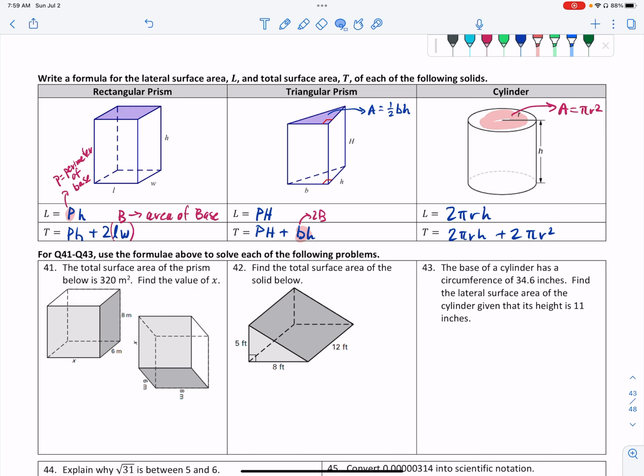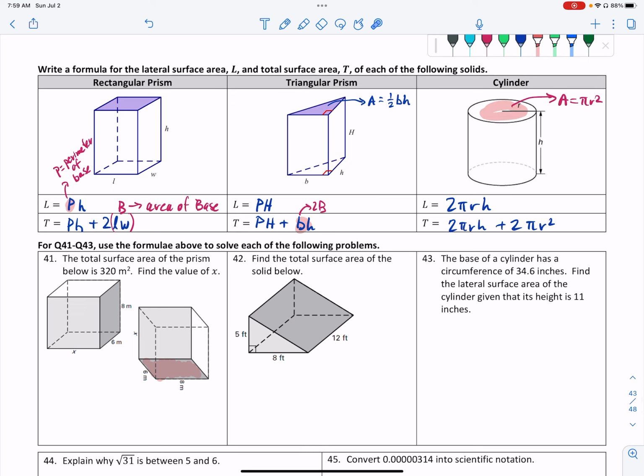The benefit of this is that if we use the 6 by 8 as the base, it makes it so much easier to solve because you're looking for just what this little height thing is. The x then becomes the height. So again, you're going to treat this side, the dark shaded one, as the base, which makes that problem so much easier to solve.